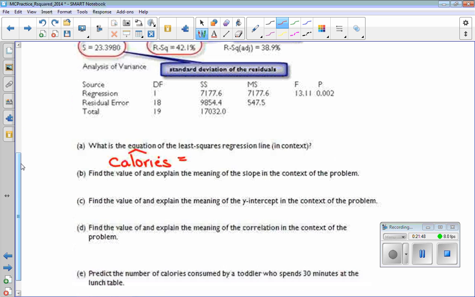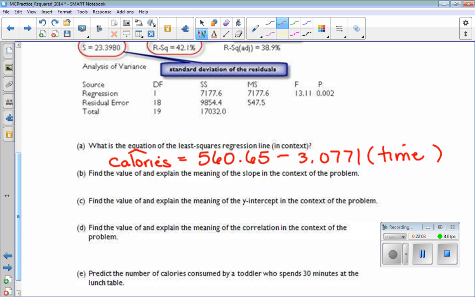So we're going to write our y-intercept to be 560.65 plus, or I guess it's minus, right? Minus 3.0771, and then what is the x variable in context? Time.